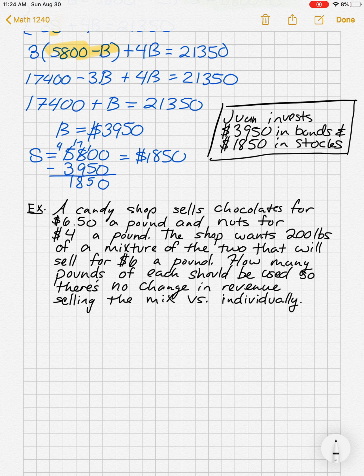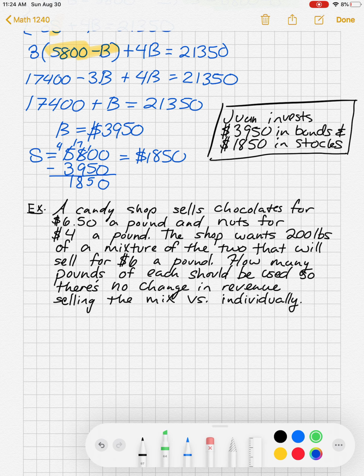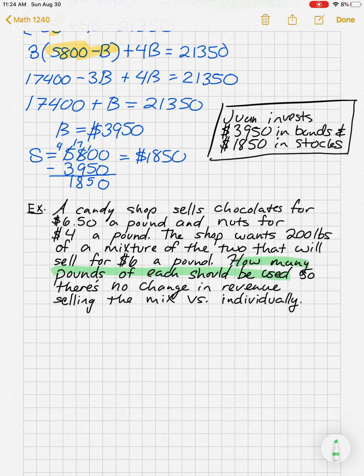A candy shop sells chocolates for $6.50 a pound and nuts for $4 a pound. The shop wants 200 pounds of a mixture of the two that will sell for $6 a pound. How many pounds of each should be used? So there's no change in revenue selling the mixture versus individually.